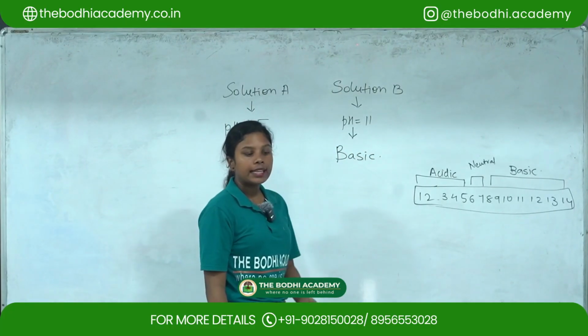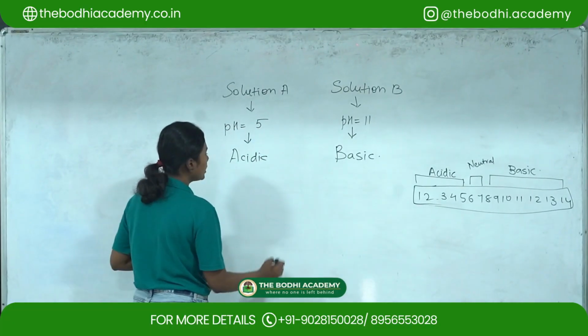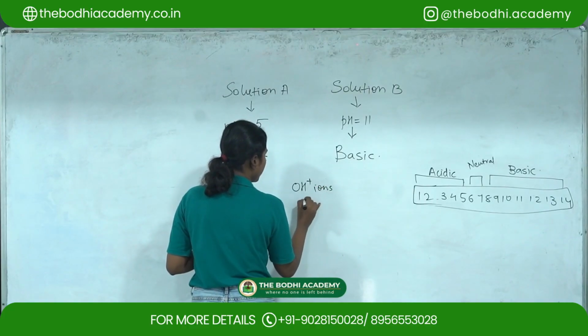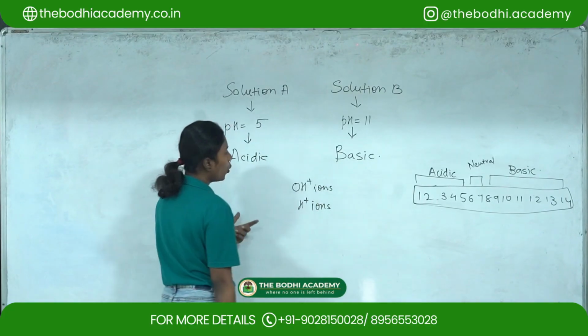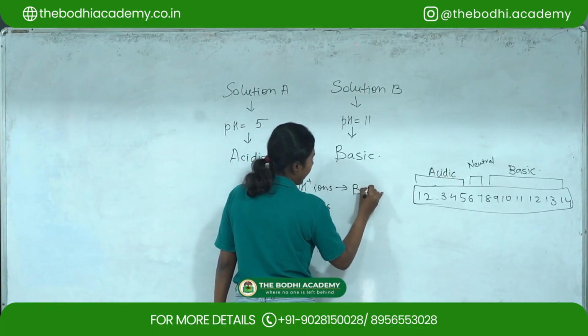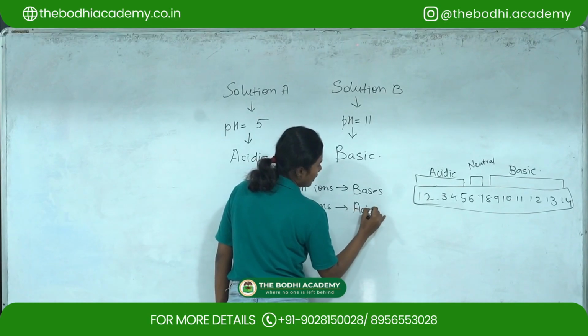Next question is, name the solution that has more OH plus ions. Now let's talk about OH plus ions and H plus ions. OH plus ions indicate that they are actually bases, okay, and H plus is acids.